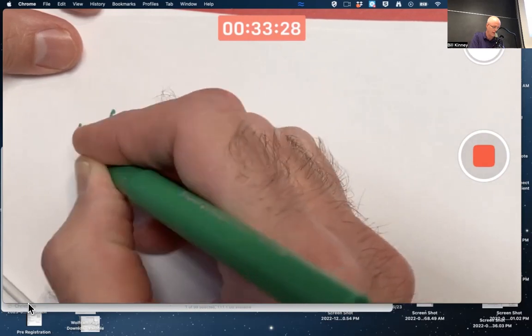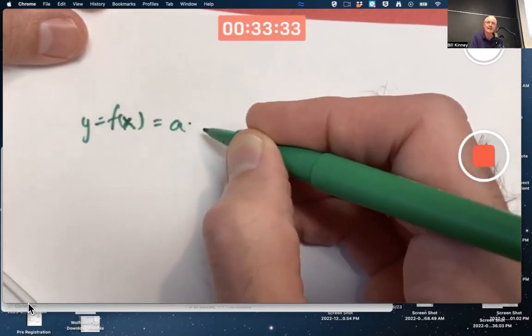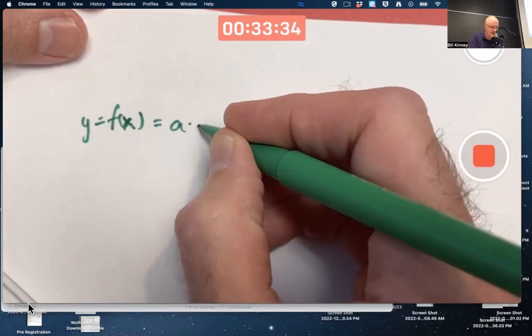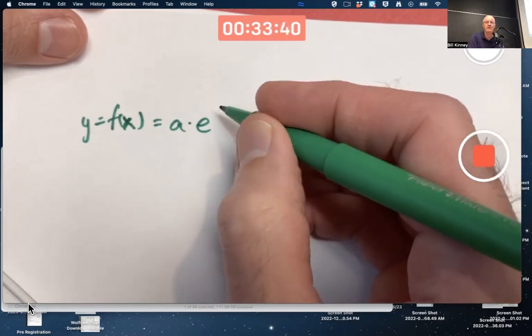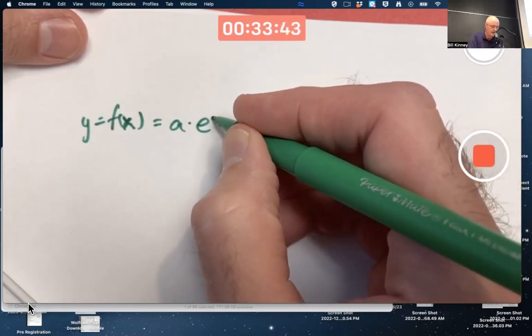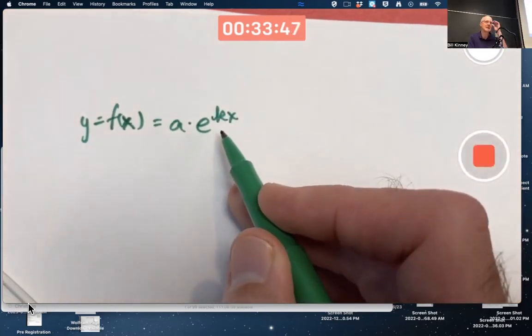Again, I'll go ahead and put a y in there. y equals f of x equals a times not b to the x, but e to the, well, don't write a plain x because we need to give ourselves flexibility. e to the k times x. I tend to make my k's, when they're lowercase, cursive, because if I make them not cursive, they look like uppercase. I hope that's okay with you. That's a k.